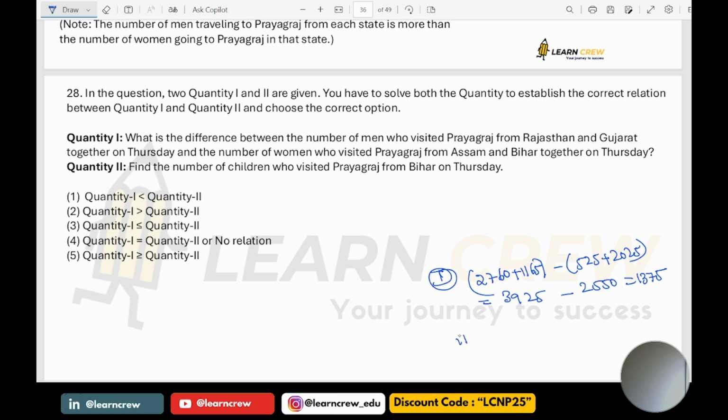What is quantity 2? The number of children who visited Prayagraj from Bihar on Thursday, it is 1375. So both are equal. Quantity 1 is equal to quantity 2. So option 4 is the answer. Next.